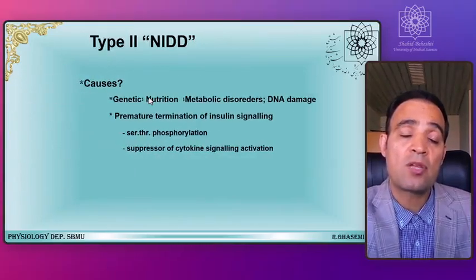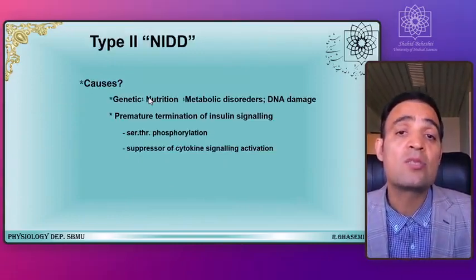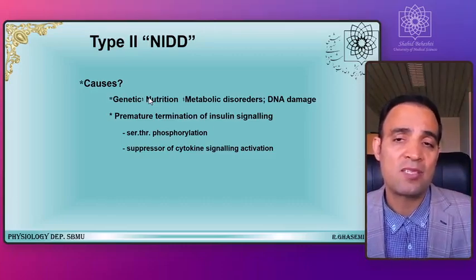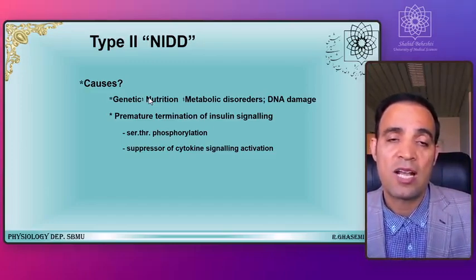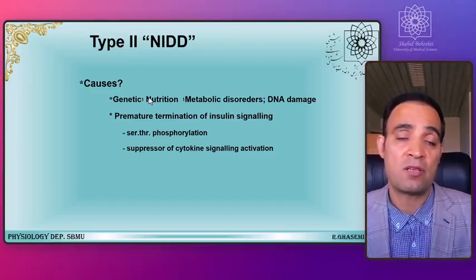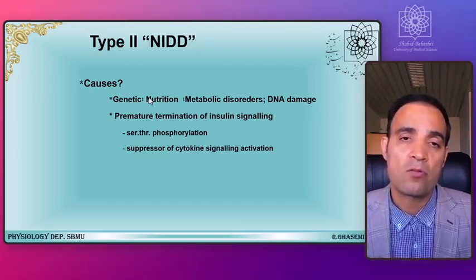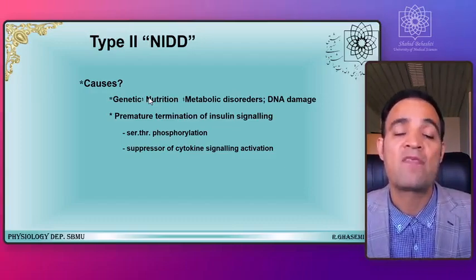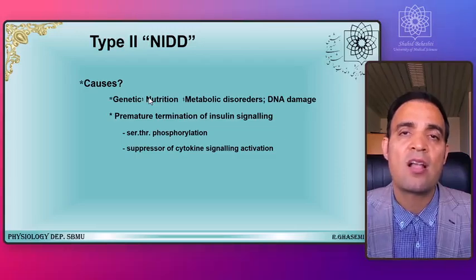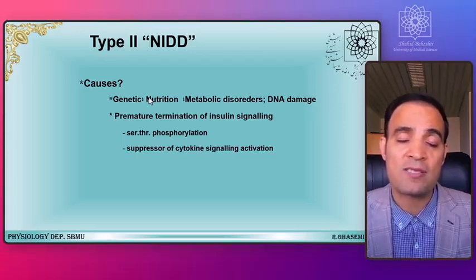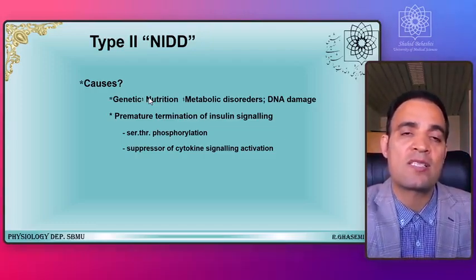But for diabetes type 2, mainly nutrition, lifestyle, metabolic disorder, and sometimes genetic factors will cause it, and this type will develop even later in life. For example, we know obesity and continuous inflammation will phosphorylate the IRS, the insulin receptor substrate, and inhibit its activity, and it inhibits the insulin receptor activity.